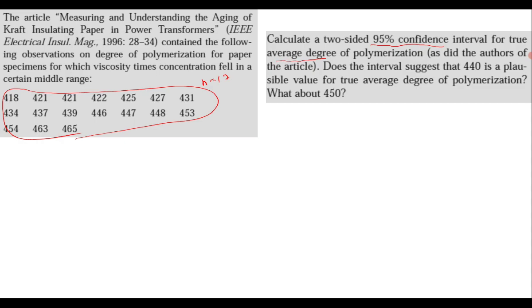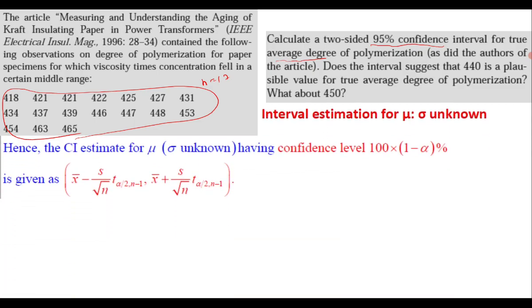And that's why instead of Z alpha by 2, the formula becomes x bar minus s by root n times t alpha by 2 comma n minus 1. So you need to find t alpha by 2, so t 0.025 and n minus 1, which is 16. Now this is straightforward from the table.